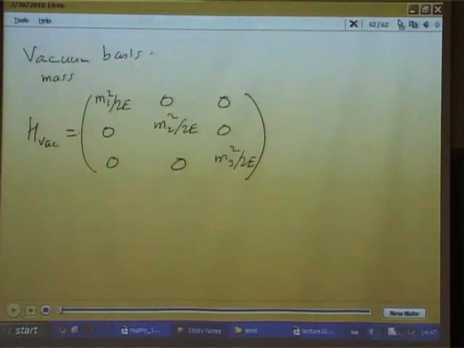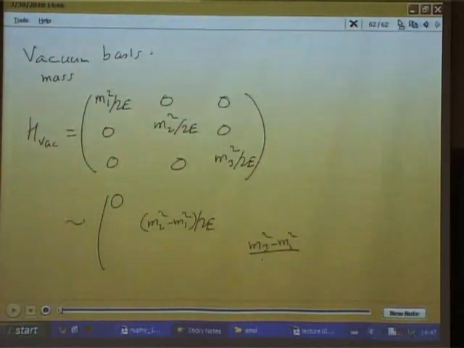Of course, we know that common terms don't matter. So I will subtract m1 square by 2E from all diagonal elements. This is equivalent to 0, m2 square minus m1 square by 2E, and m3 square minus m1 square by 2E. The notation says that this quantity is 2 times delta 21.